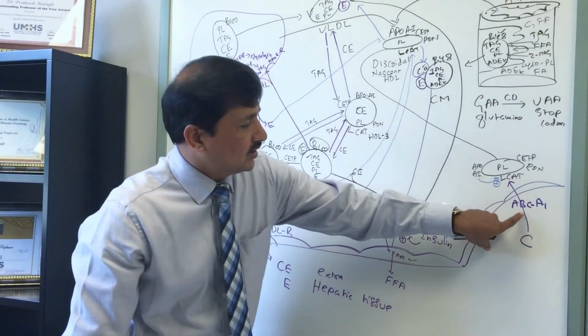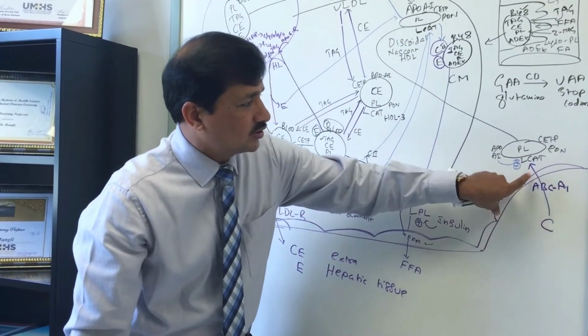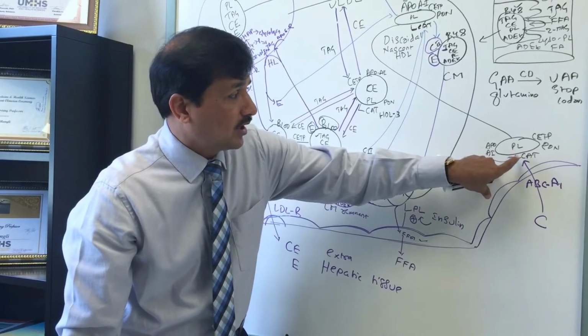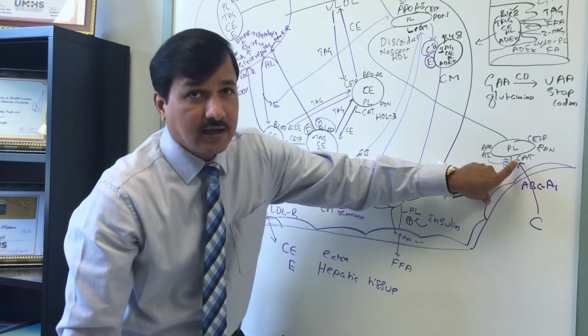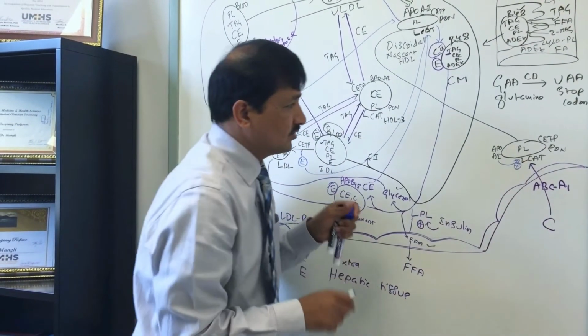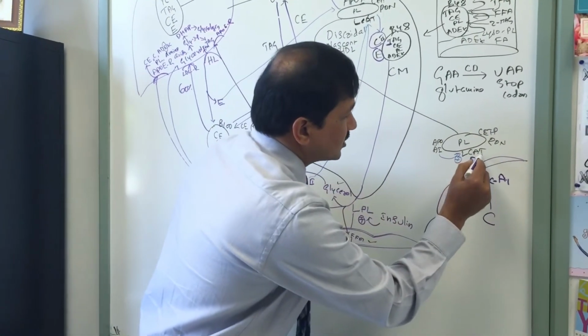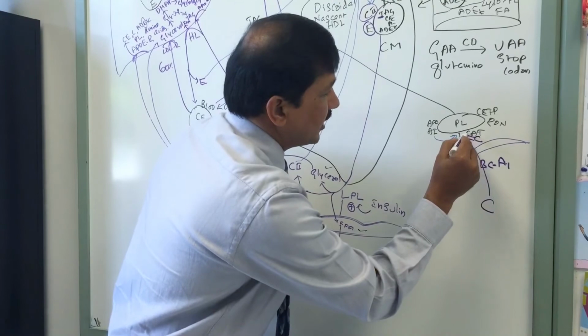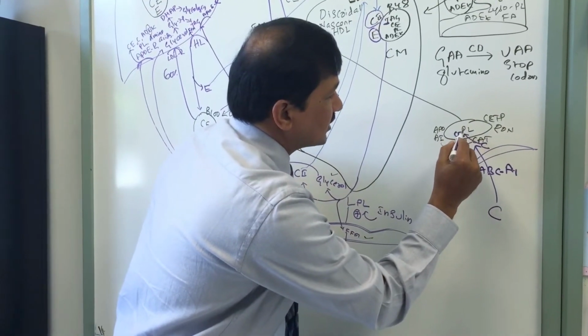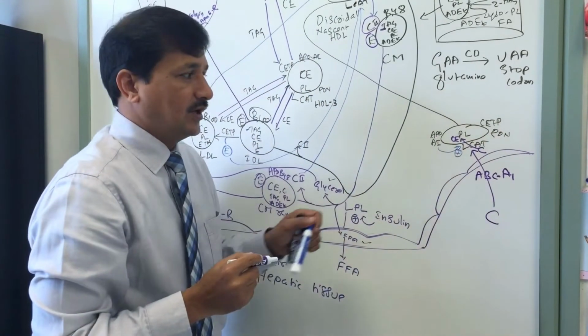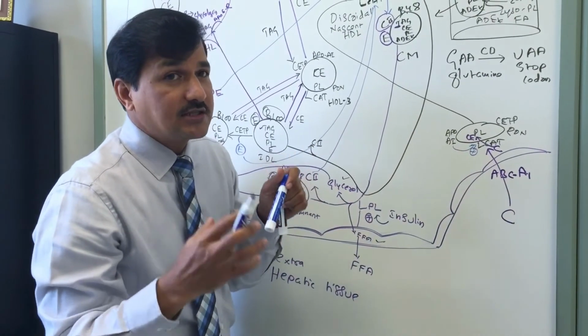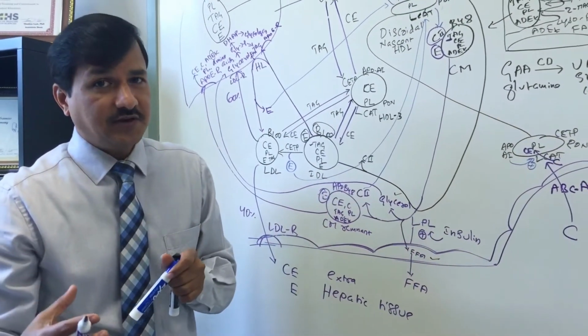When ABCA1 is transporting excess cholesterol out of the peripheral tissue into the blood, and that is taken up by the LCAT enzyme, what does this LCAT do with that cholesterol? The cholesterol which is coming out will be converted into cholesterol ester by the LCAT enzyme. The name LCAT is basically lecithin cholesterol acyl transferase.